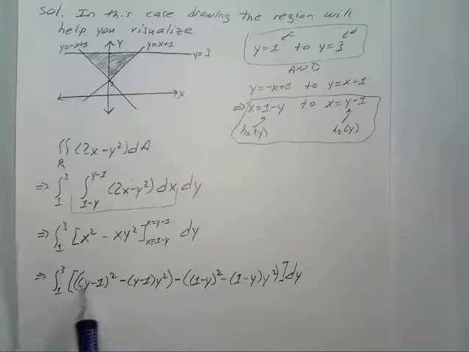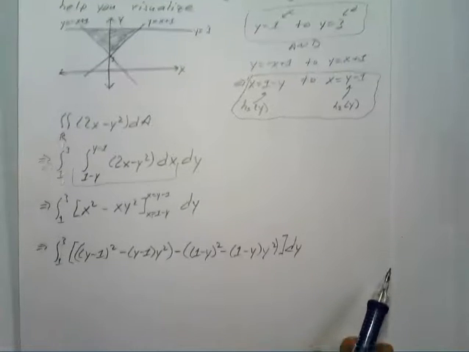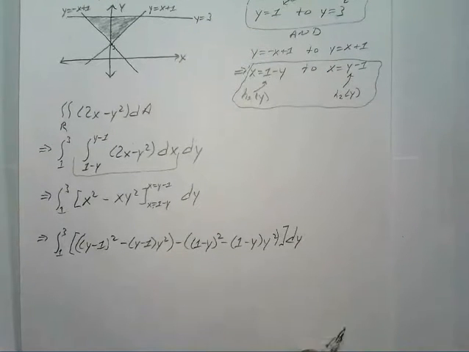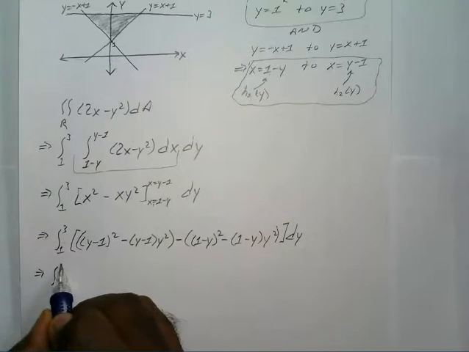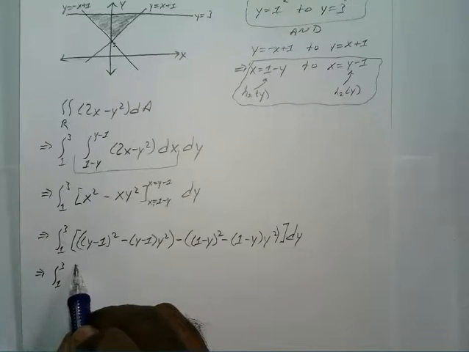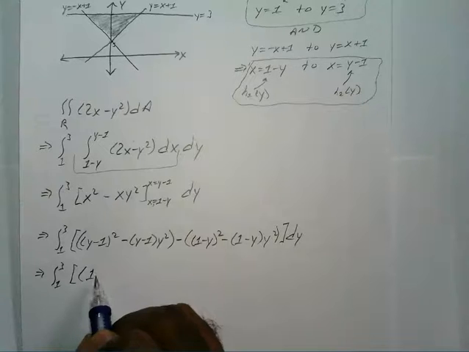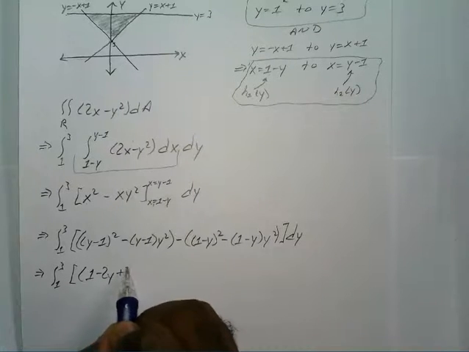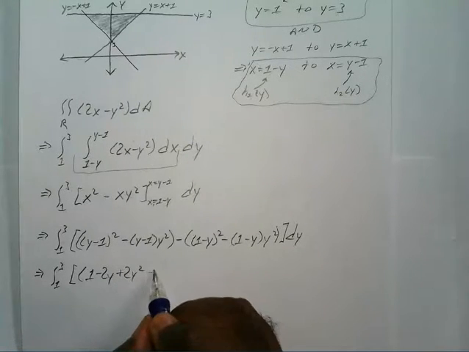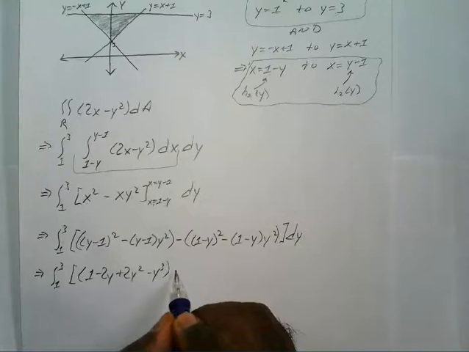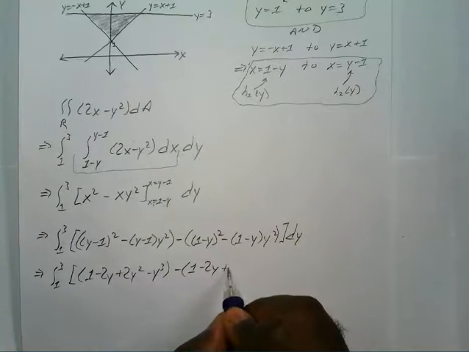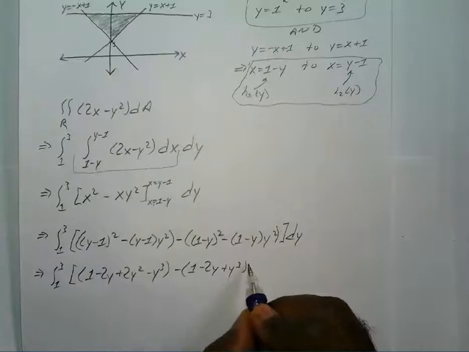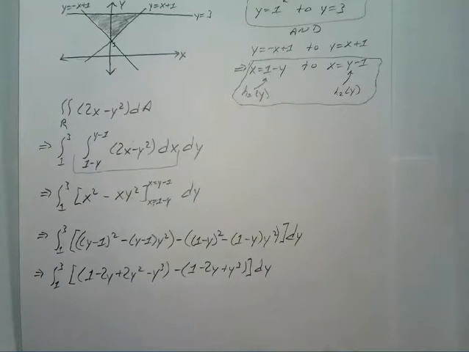So if we go ahead and FOIL these out and distribute and all of that good stuff, we end up with the integral from 1 to 3 of 1 minus 2y plus 2y squared minus y to the third, minus 1 minus 2y plus y to the third, with respect to y.